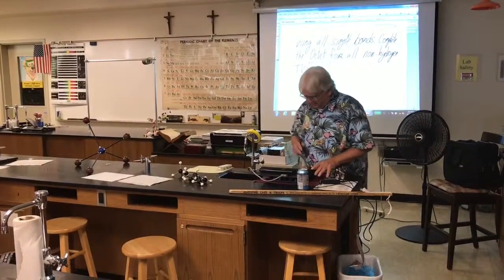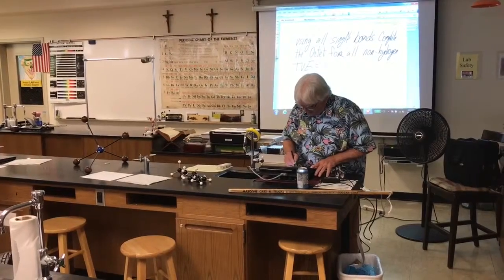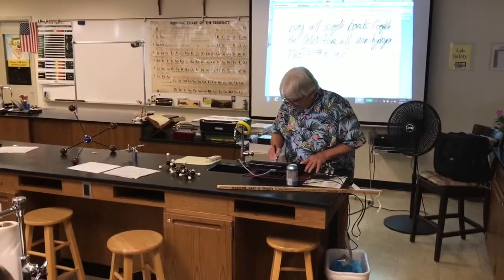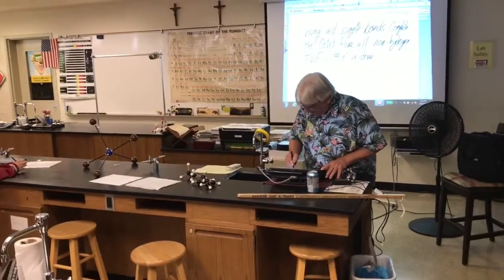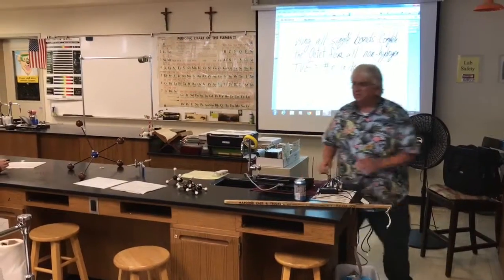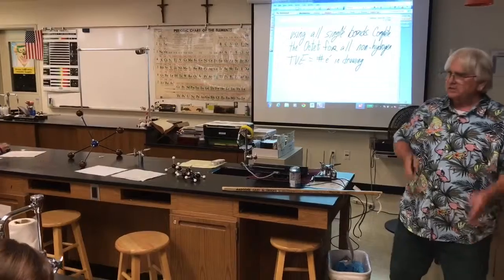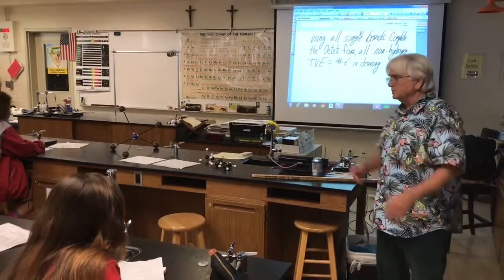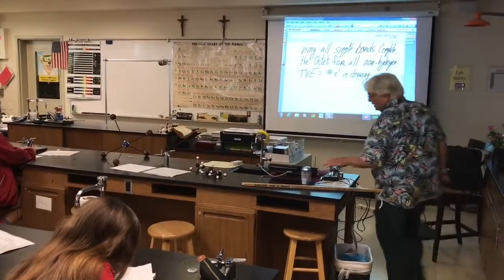That total valence electrons has to equal the number of electrons in your drawing. When you have a drawing where the number of electrons it contains is equal to the total valence electrons, then you can assume you drew it correctly. Okay?